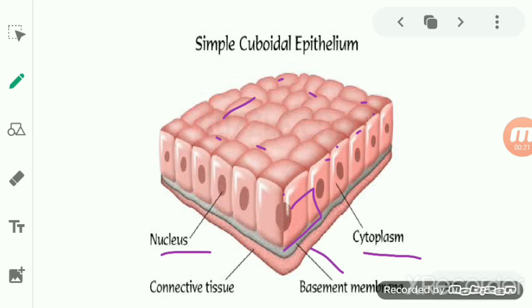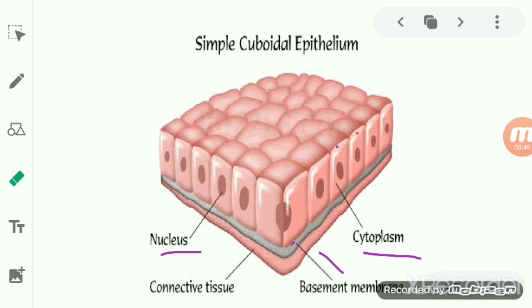These cubical cells are square in section, but the free surface appears hexagonal. So it is a cube-like structure, and that is why the name is given: cuboidal epithelium.